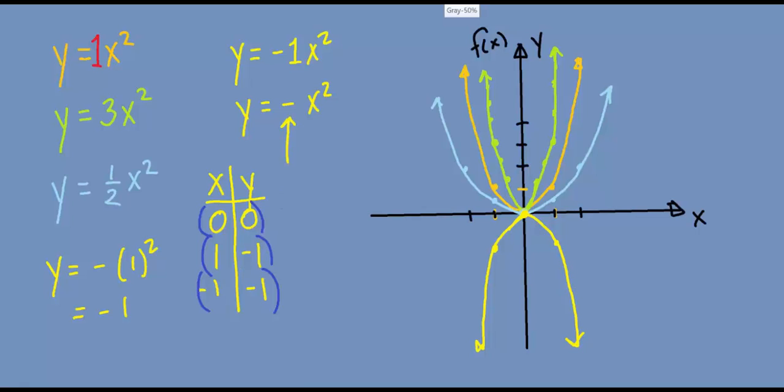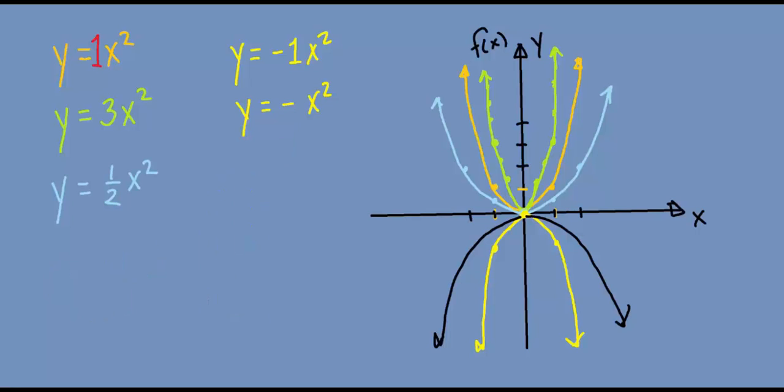And if you wanted to have a negative, say, with a number, like let's say -1/2, that would just take our 1/2 x squared parabola, which was up here, and reflect it. It's called a reflection, technically. It would reflect it down. Same width, because it's 1/2. The 1/2 affects the width, and then whether it's positive or negative affects whether it's facing up or down. So I'll just write that new parabola, that black one, as -1/2 x squared.